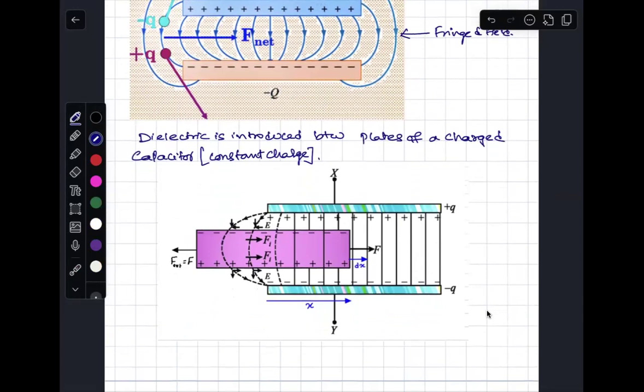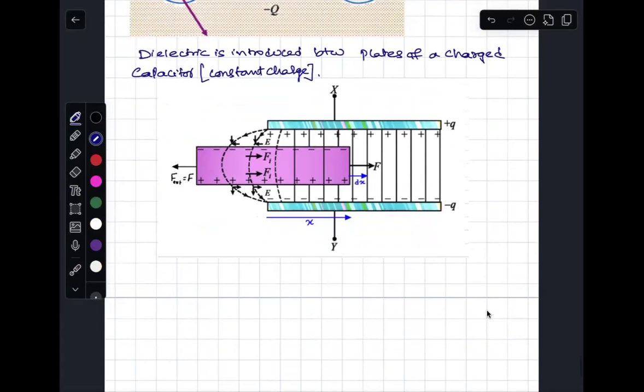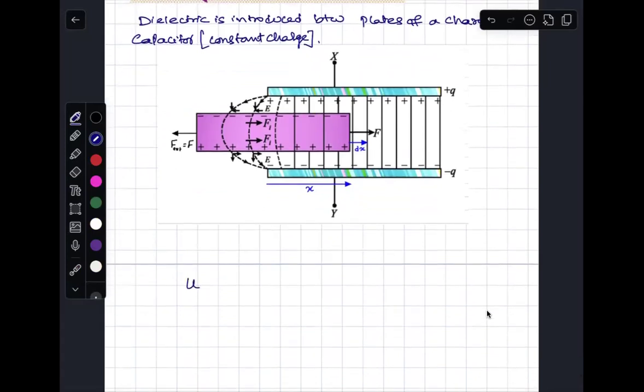So how to calculate that inward force? Now at this instant, what is the total energy stored? U is half Q V, where V is the potential difference between the plates. Unless you write it generally, you'll write it as Q square by 2C. So what is dU by dx? See here, Q is a constant quantity.